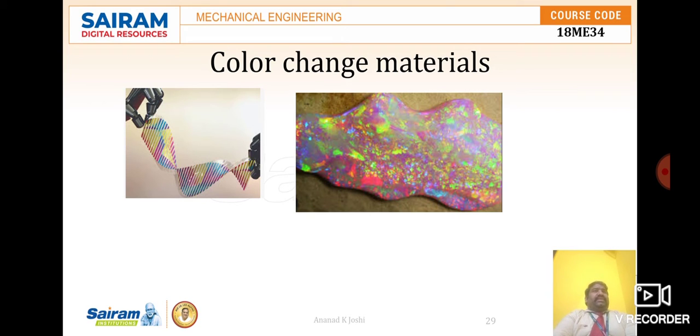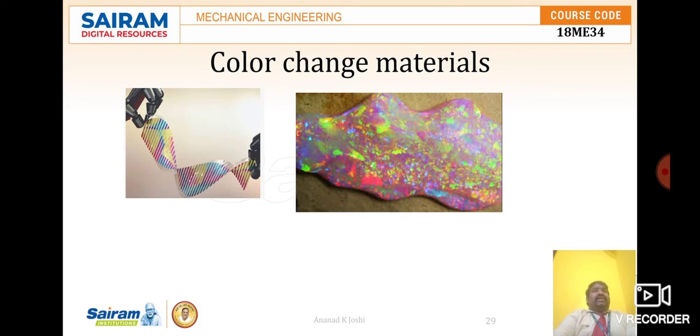Color change materials are materials that change color in response to a change in temperature, and we call them thermochromic materials. Some thermoplastics and liquid crystals are capable of displaying different colors at different temperatures. These liquid crystals find application in thermometers for room, refrigerator, aquarium and medical use, and they indicate the level of propane in tanks.